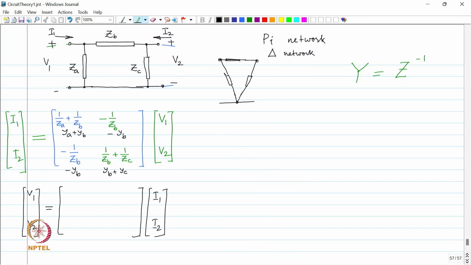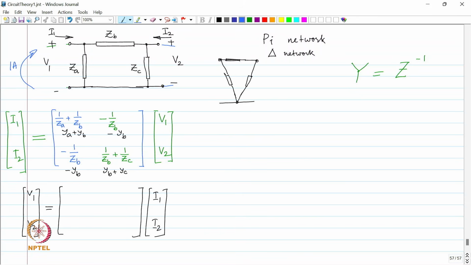Push 1 ampere into port 1 and measure the voltage V1, measure the voltage V2. Is that okay?